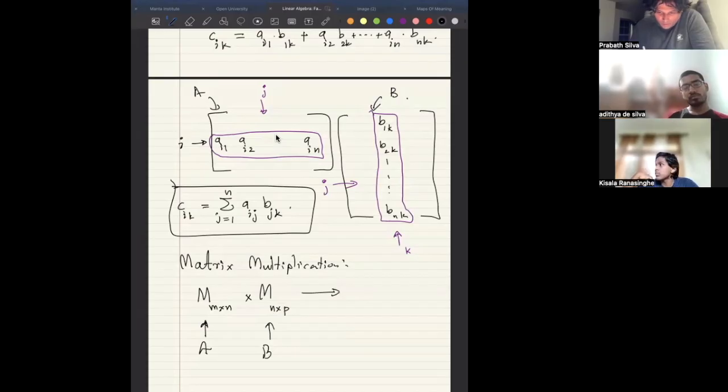So the output is going to be an m by p matrix. The matrix multiplication is going to be a map from the product of these two sets, and you get here.